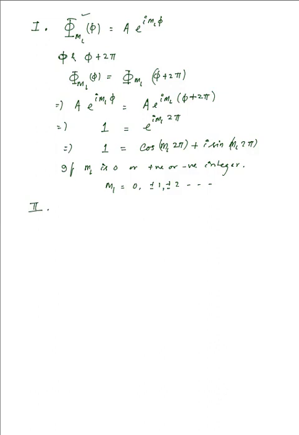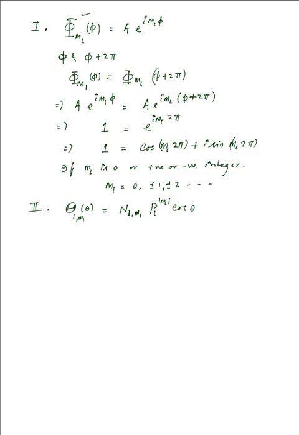Now in the second case, in the second equation for theta, which is dependent on theta, the solution will be theta L ml. That will be equal to N L ml times P L, modulus of ml, cosine theta.